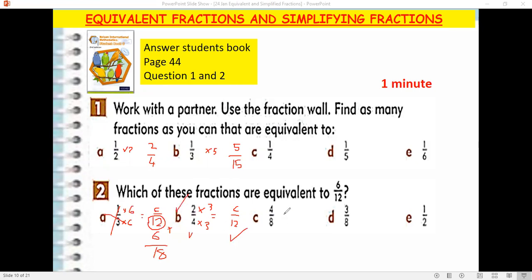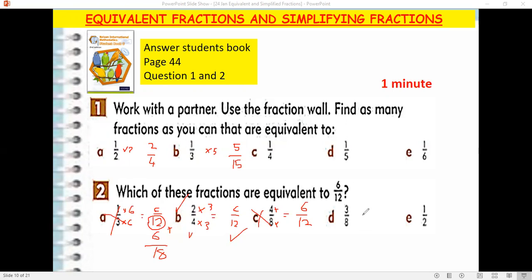Okay, let's try again this 4/8. What should I multiply in 4 to give me 6? Can I? 4 times what to give me 6? Nothing. Therefore, 4/8 is not equal to 6/12.